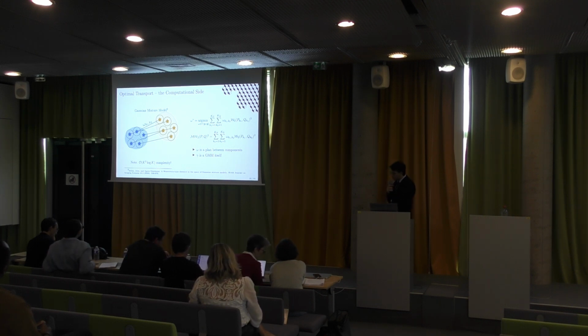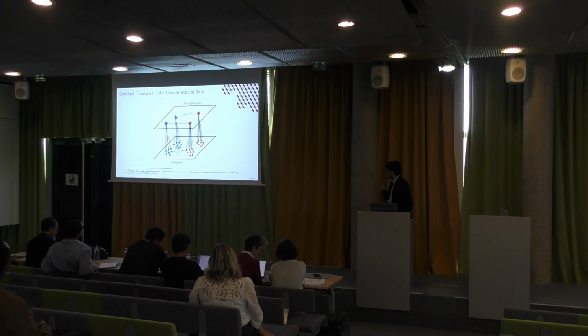Now, just to stress the reduction in the computational burden, you have your samples in the first layer, and then you compute the means of the Gaussian mixture model. Effectively, what you are doing is clustering your samples into the components. So the idea is that you are reducing the number of things that you are computing optimal transport on.